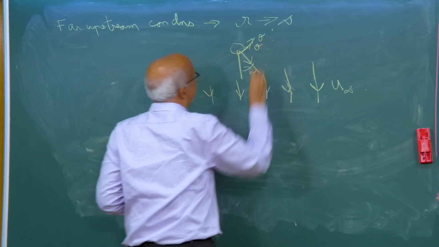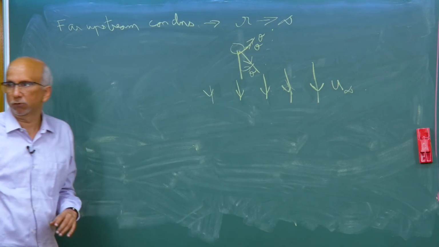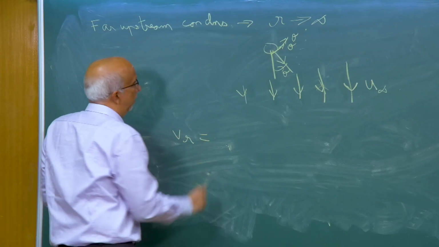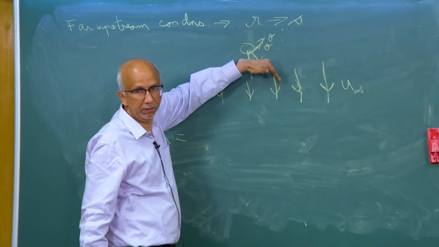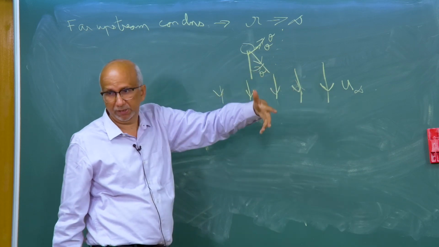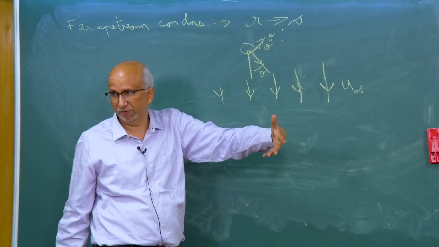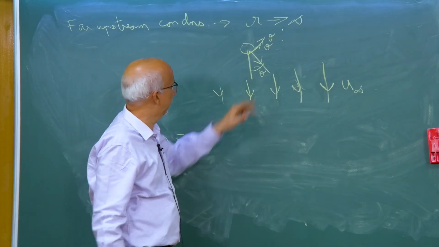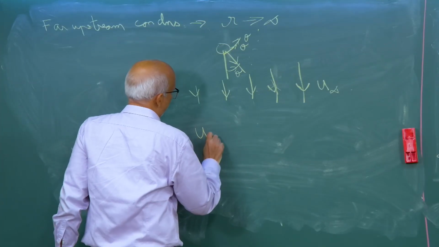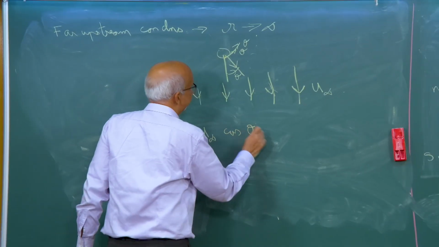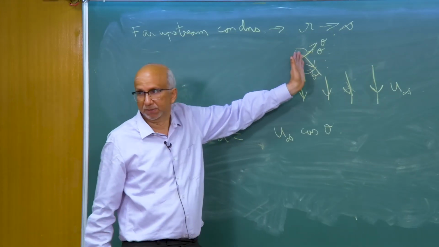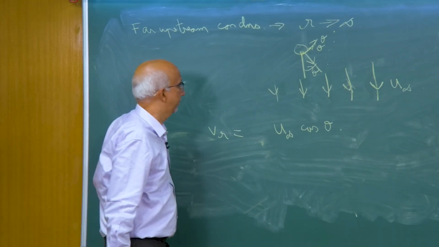So, the velocity Vr, which is the radial component of velocity, at any point is going to be specified by the corresponding theta value and the phi value. Okay. Phi we do not worry about. The Vr is going to be given by u infinity cos theta, because that is the angle theta. Theta is measured with respect to this. Okay.